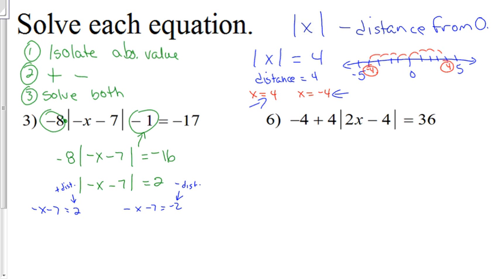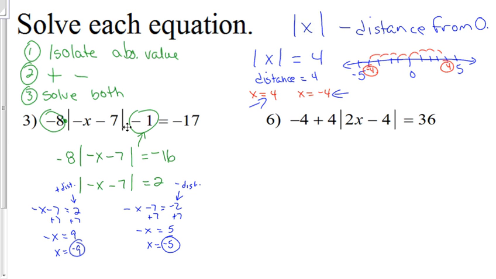So then we solve each one, and they should be easy stuff that you did in 8th grade when you solve linear equations. We add 7 to both sides, usually 2 steps here, and then divide by negative 1. We get 1 answer. And you're going to find you do the same steps on the other one, but the answers do end up being different. Divided by negative 1. So we have 2 answers, negative 9 and negative 5.